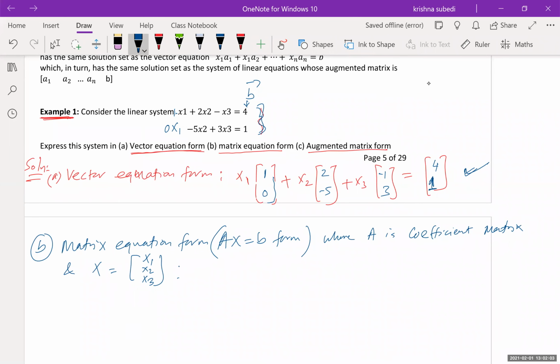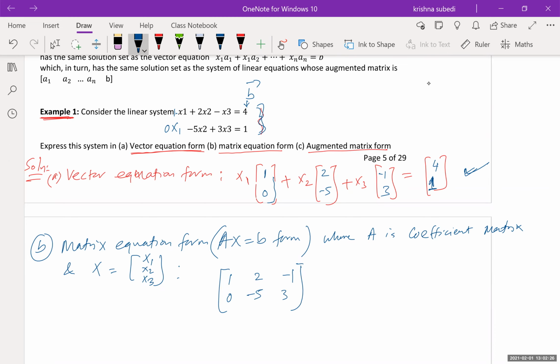So what it means is your A is 1, 2, -1, and 0, -5, 3, that is my coefficient matrix A. Okay, all the coefficients.